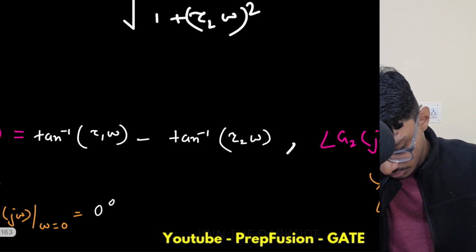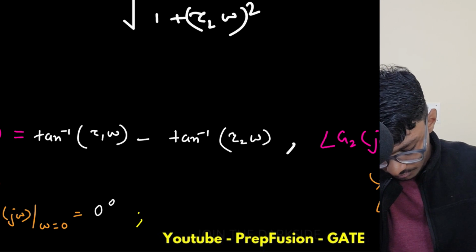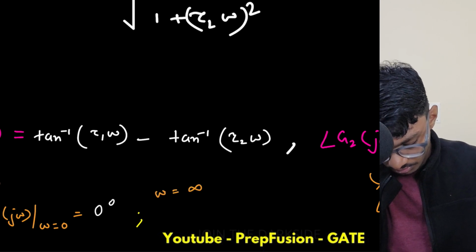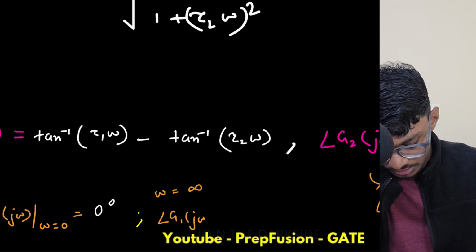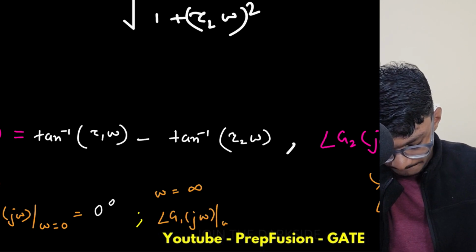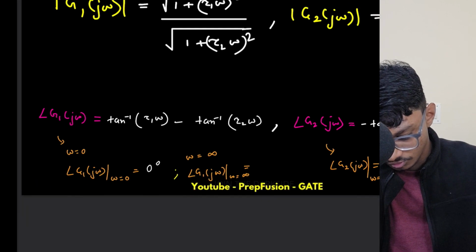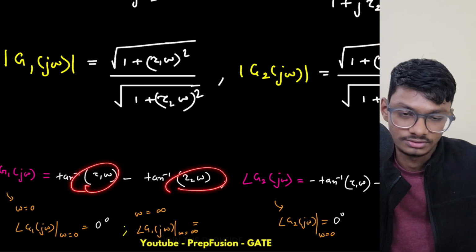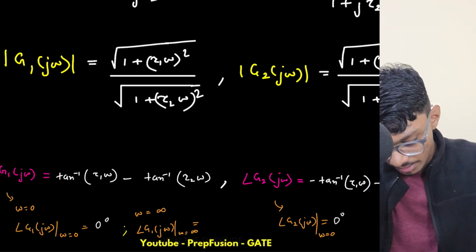So at omega equals to infinity, what is happening? The angle of g1 of j omega at infinity is tan inverse infinity, which is 90, and 90 minus 90 is 0. So I am going to 0 itself.